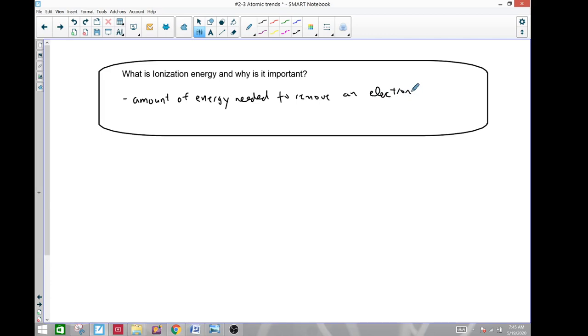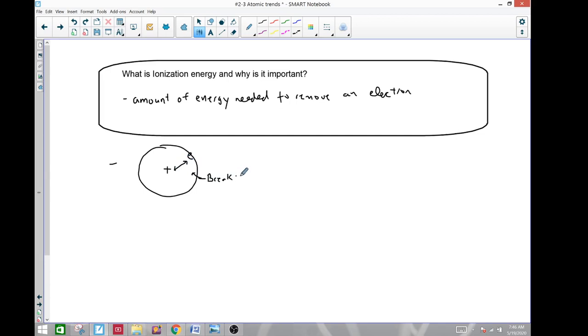So a couple things you might note about this is that, first of all, in order to remove an electron from an atom, I need to physically break an attraction. Okay, we need to break this attraction.